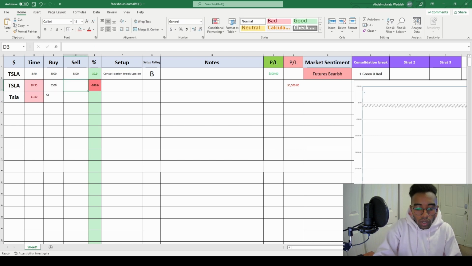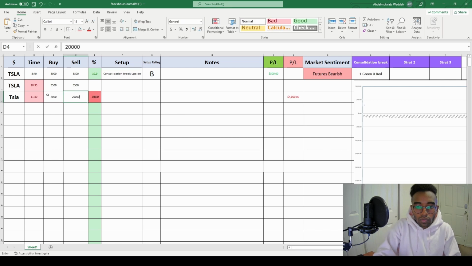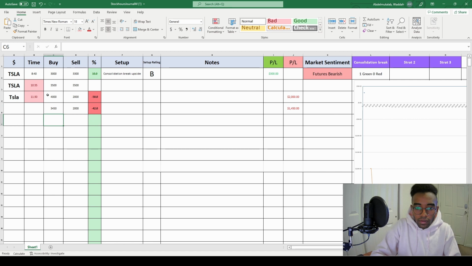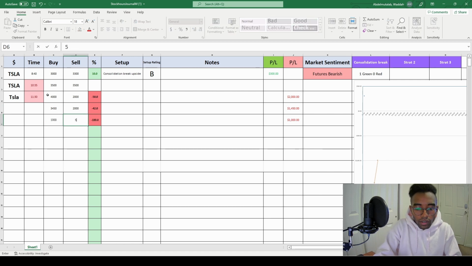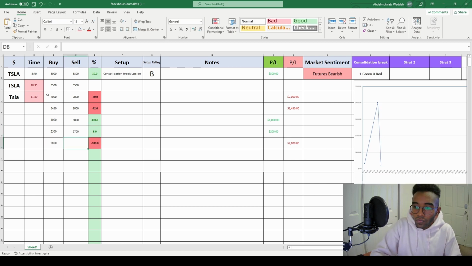Now, what I wanted to show you guys was over time, if you take multiple trades and build a record. I'm not doing anything specific here. I'm just writing random numbers down just for you to visualize how the graphs work.